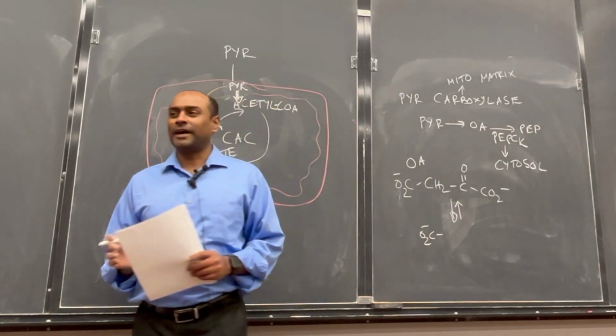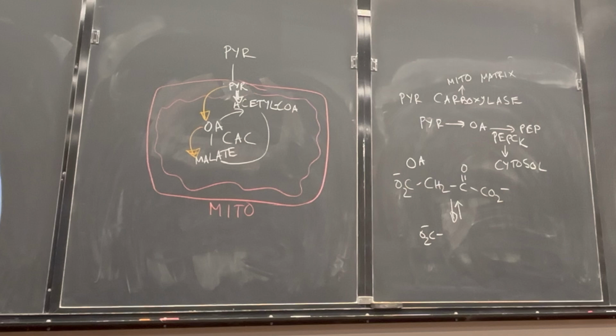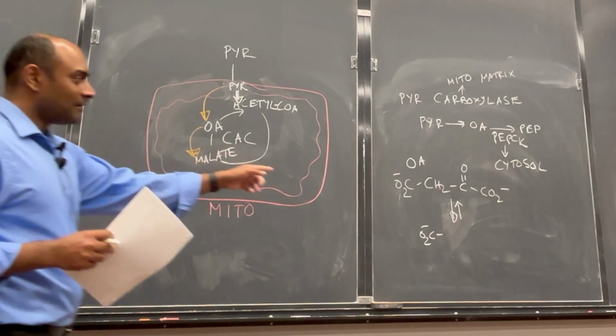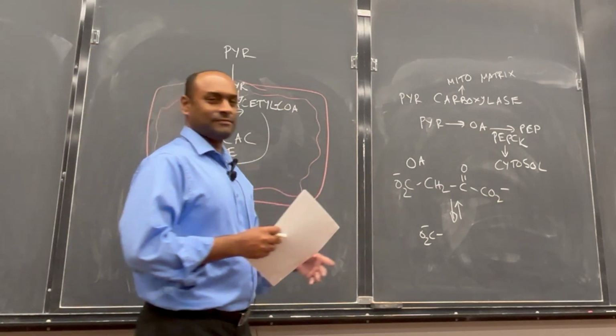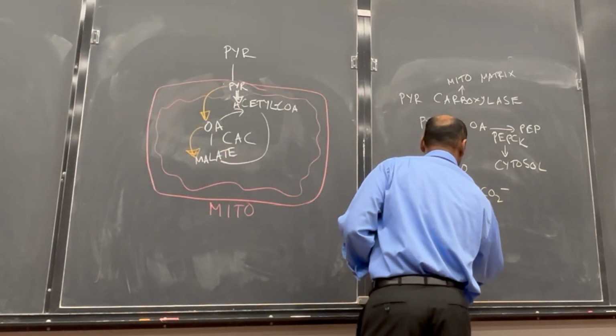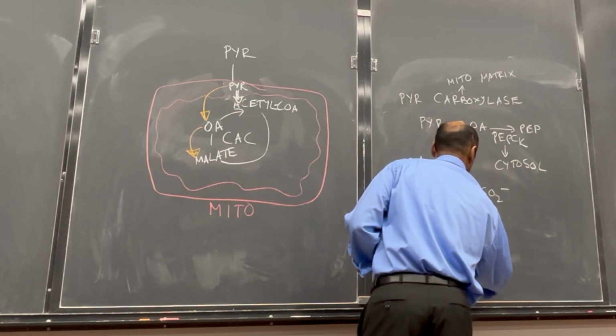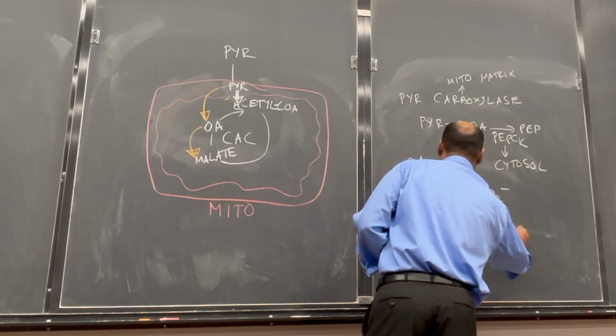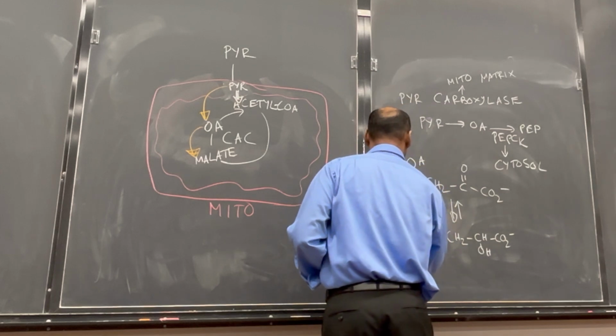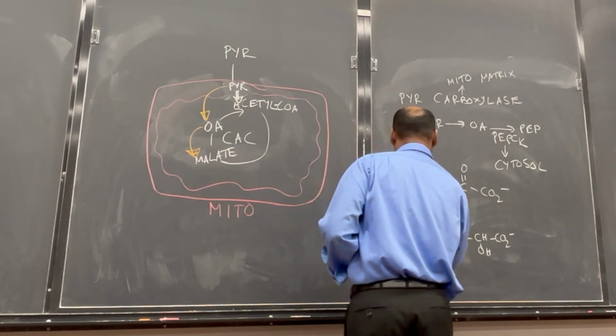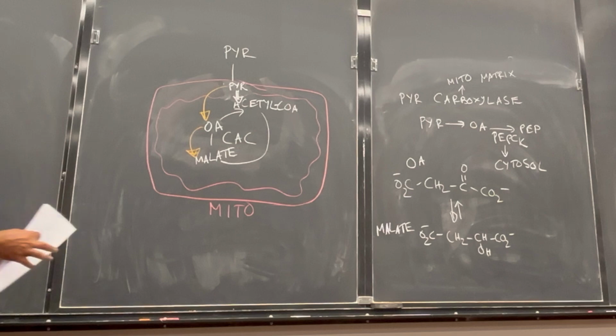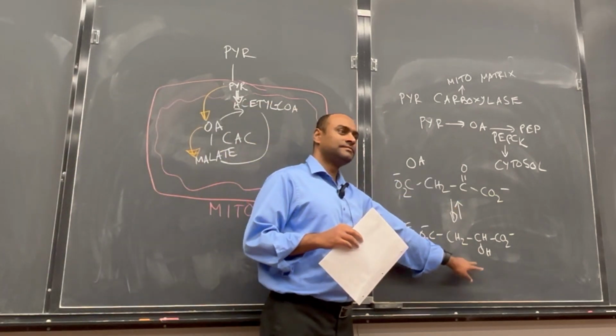So what happened from pyruvate to lactate? What did you do? Pyruvate to lactate. Reduce the carbonyl group. Same thing we'll do here. So now this is our malate. We just reduce the carbonyl group to OH.